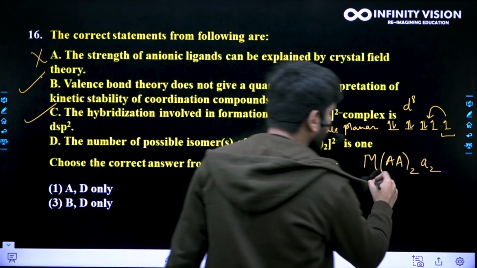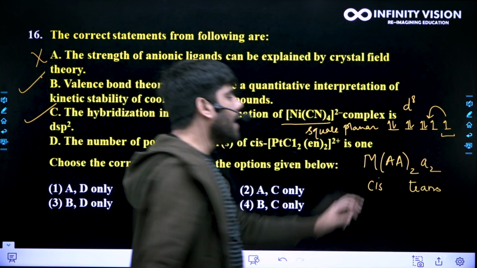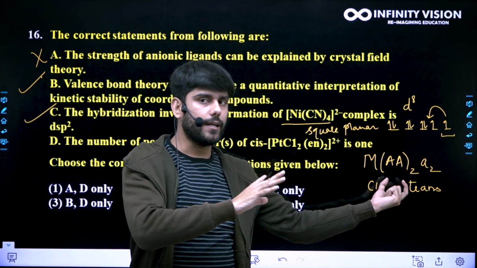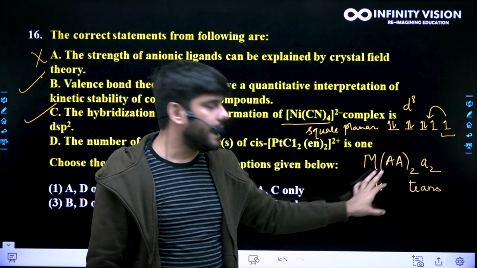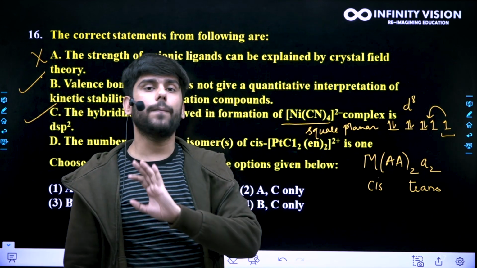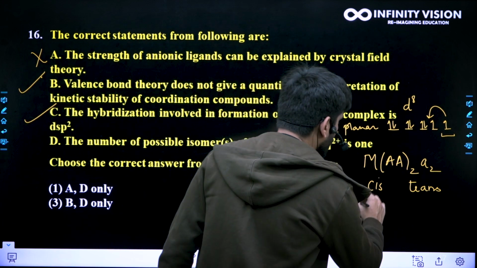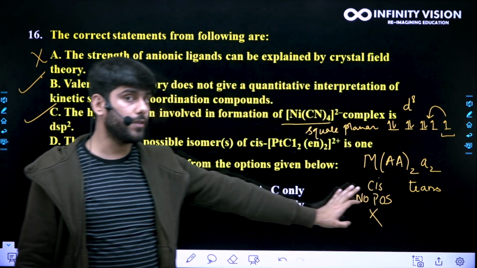Then we know that there can be a cis form and there can be a trans form. I told you that if there are 3 such bidentate ligands or even 2, then when they are placed at cis position, there cannot be a plane of symmetry because they are always perpendicular, right? So there is no POS. There cannot be POS in the case of cis isomer.